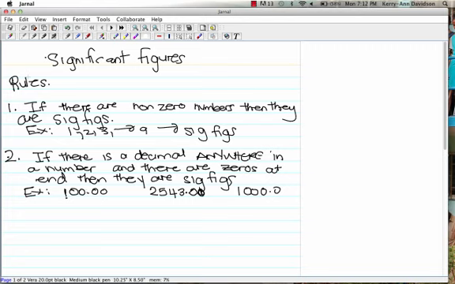So if I have a decimal point anywhere in the number, doesn't matter where it is, it could even be this. Doesn't matter where it is. If I have a decimal point anywhere in the number and I have zeros after the non-zero numbers, they're all significant. So in this case, this one's good, and then you're going to count these 4, so that's a total of 5 significant figures. I'm going to do that just to abbreviate, okay?